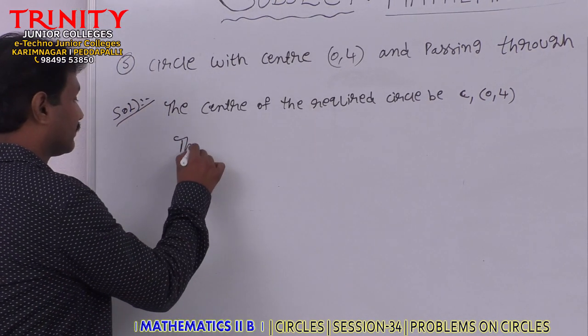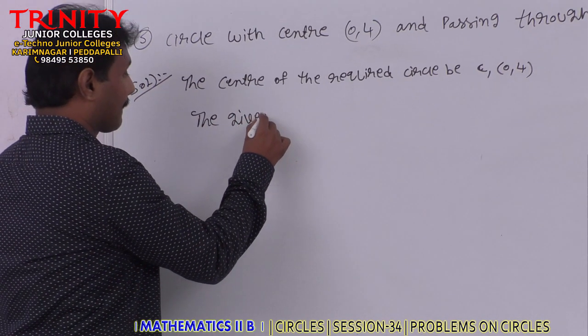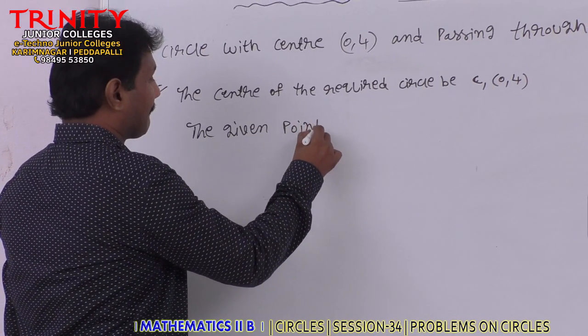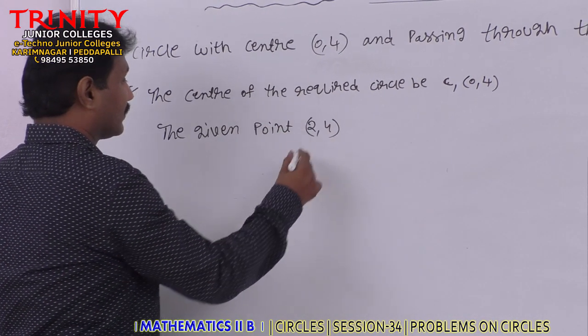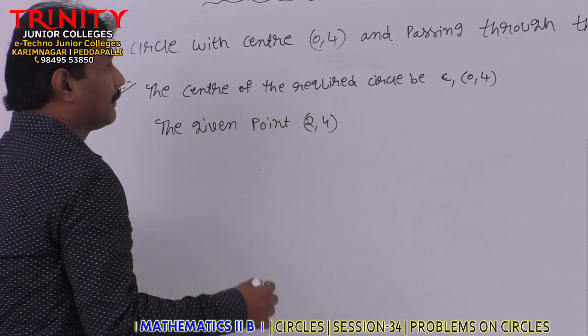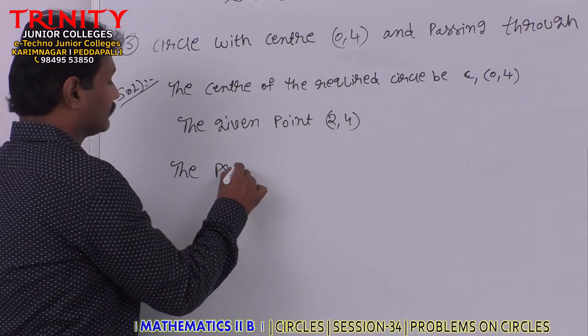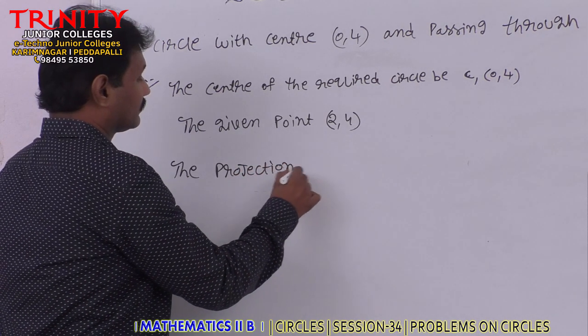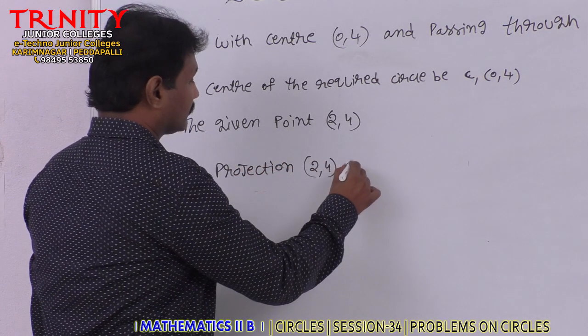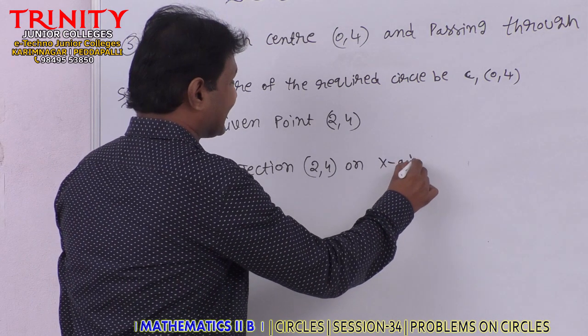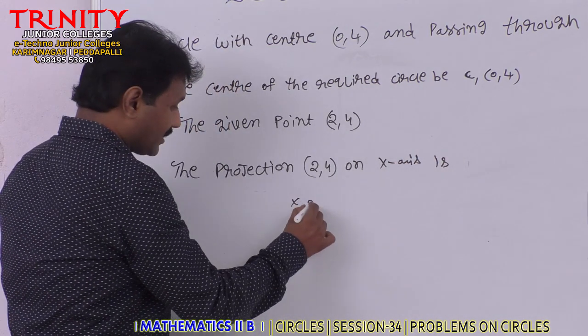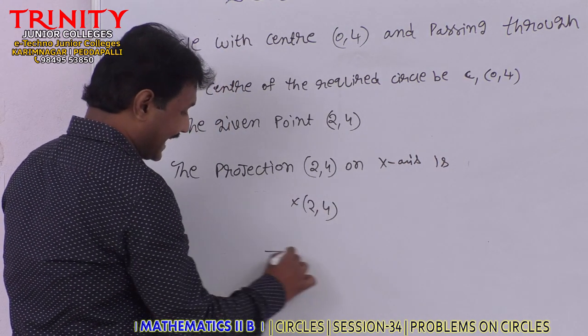The projection of (2, 4) on the x-axis is the point, suppose (2, 4).